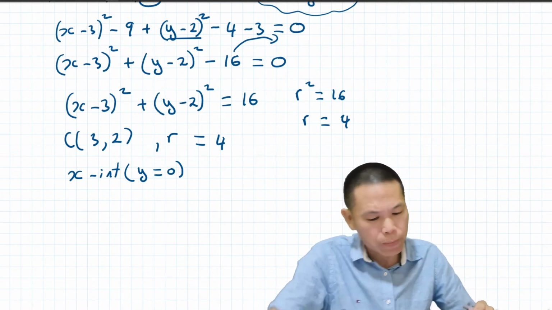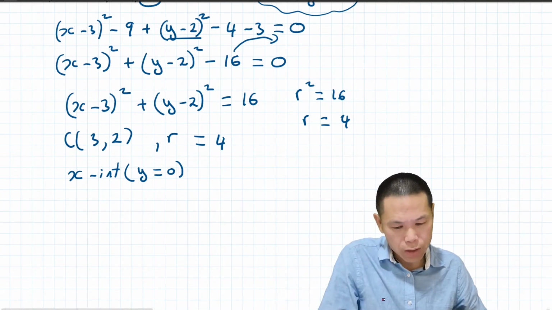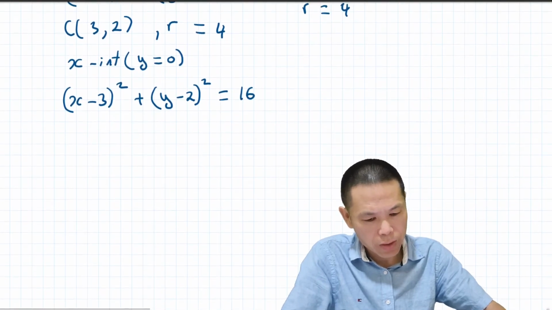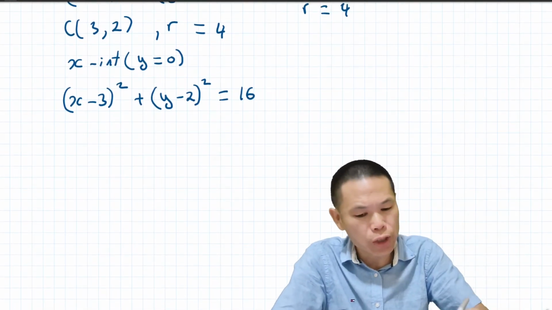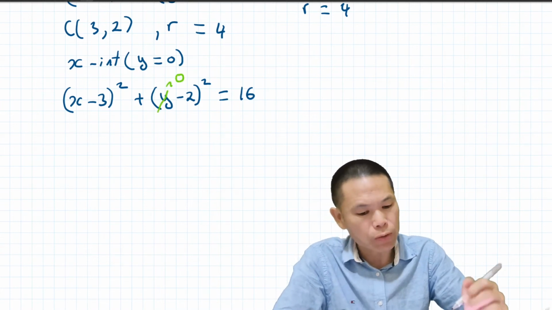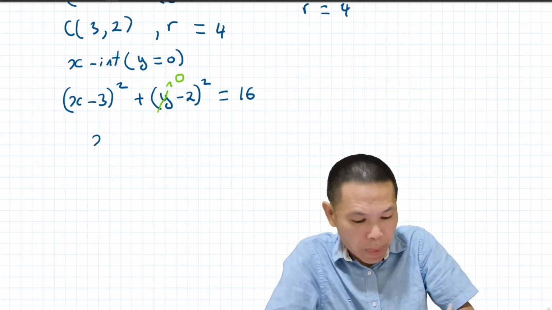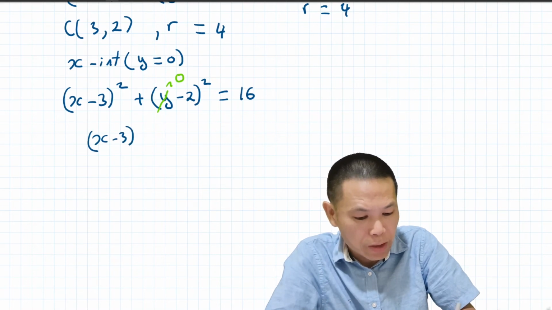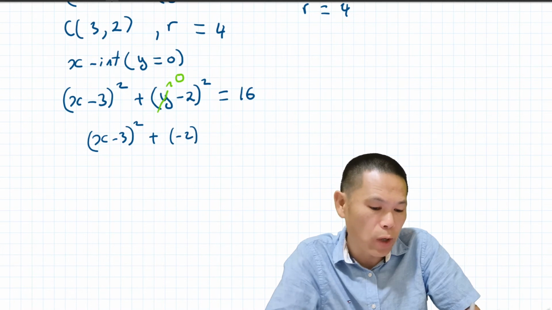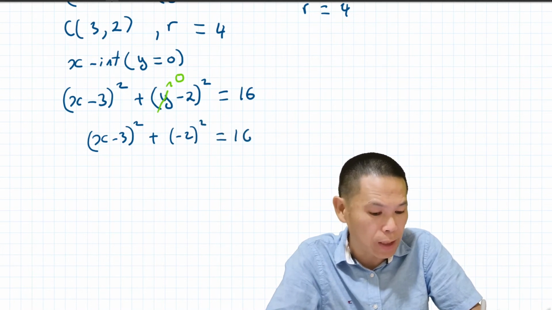So to do this, let me just copy this out. When y is equal to 0, this becomes (x − 3) squared plus (−2) squared, which I just write here, is equal to 16.